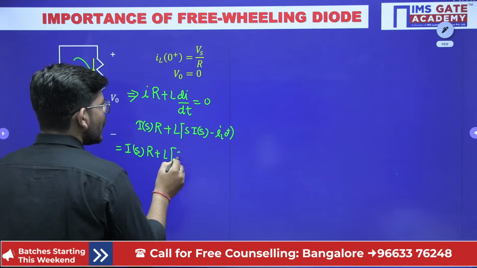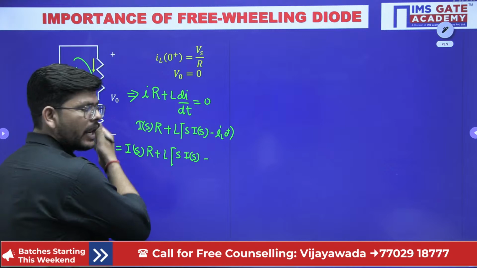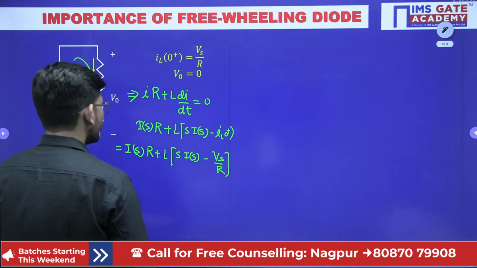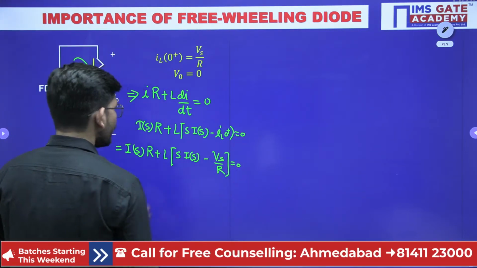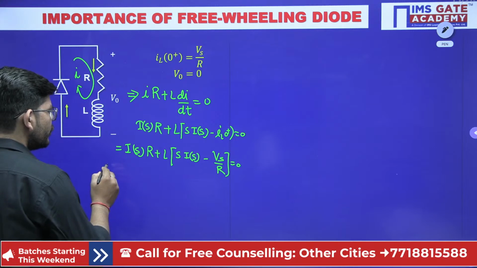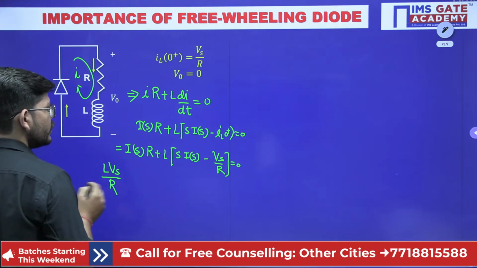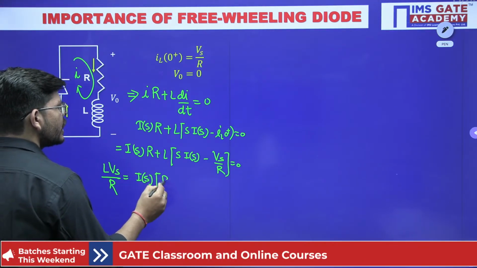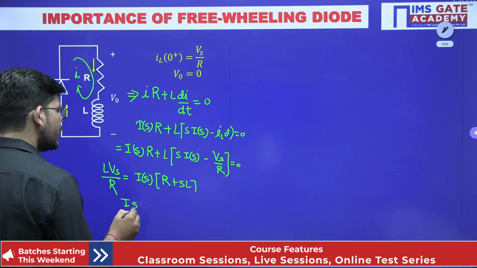In this circuit we have an initial value of current, and that value is Vs by R. So ultimately I am going to get Vs L by R. If I take I(s) common, I get R plus sL here.